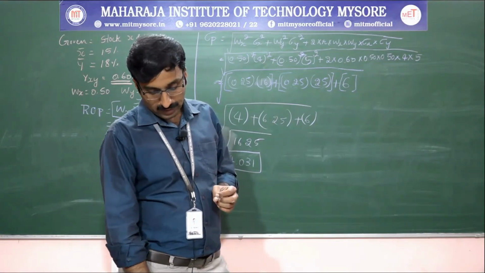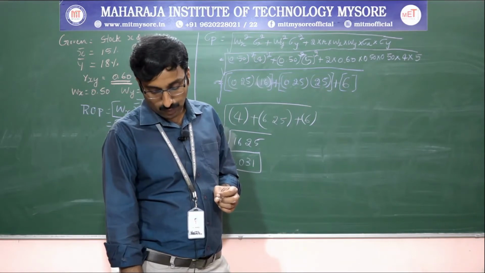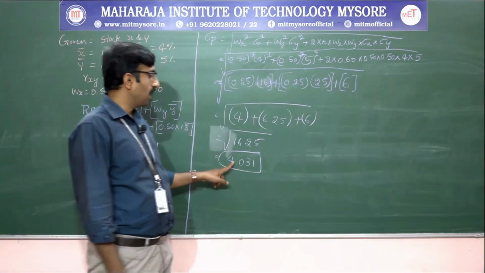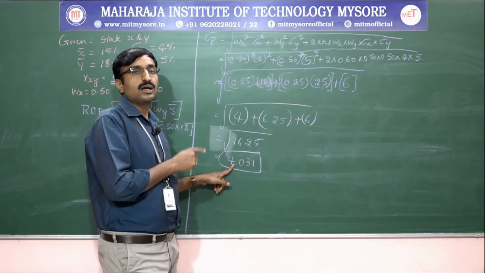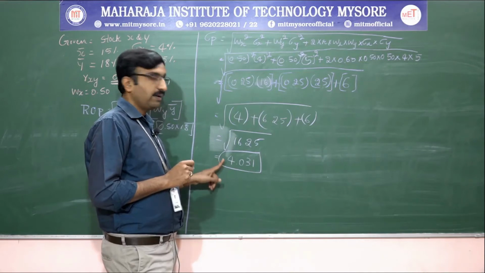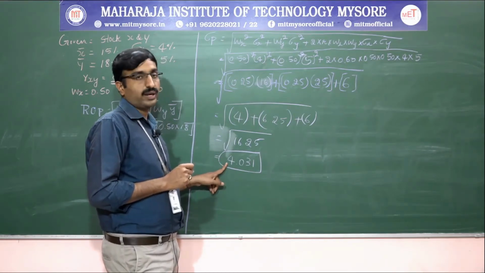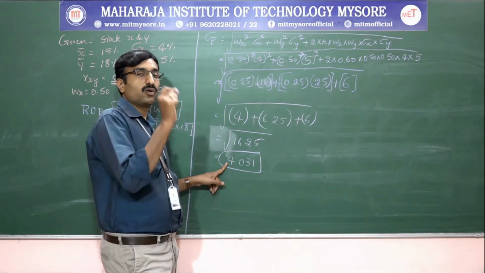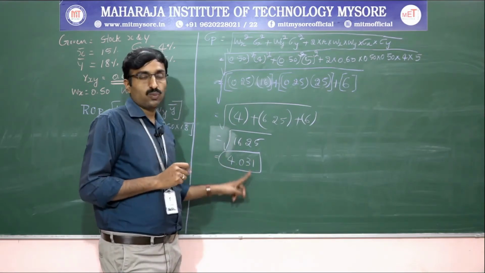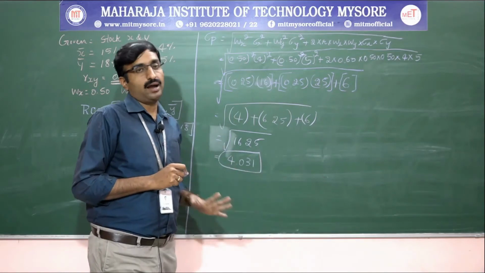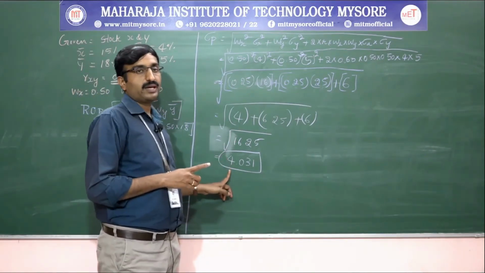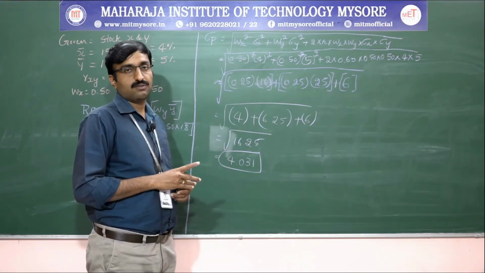We have to consider 50% of the calculated standard deviation, 4.031, and on this basis we are going to calculate the value of R. So, if the standard deviation P is 50% of 4.031, then what could be the value of R?